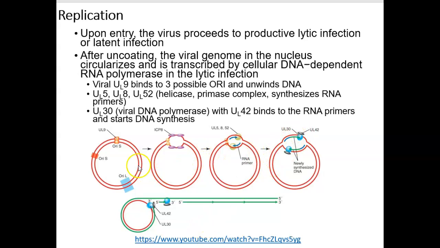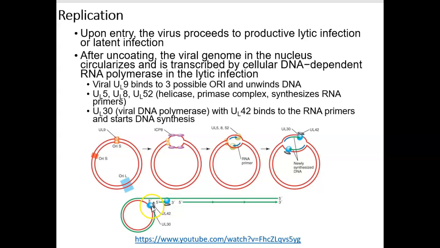So the book is trying to draw a picture here. So you circularize, and then you have a nick, and then you're going to hold one strand in place. And then remember, DNA replication always goes 5' to 3'.